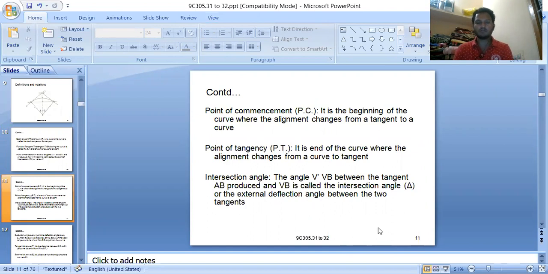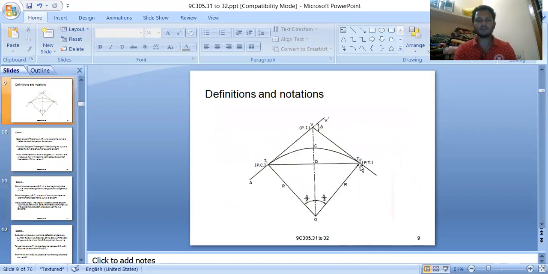And then we have another point T2. T2 is the point of tangency where the curve ends. It is the end point of the curve where the alignment changes from a curve to the tangent. You can see in the diagram also. This is the point of tangency T2. T1 is the point of commencement.